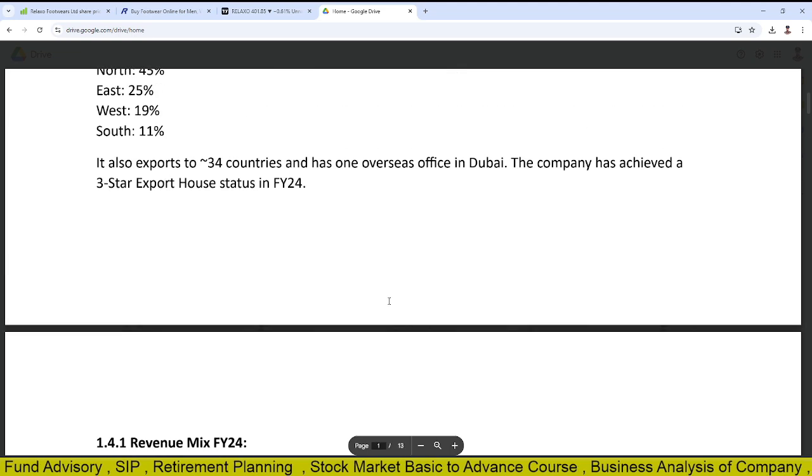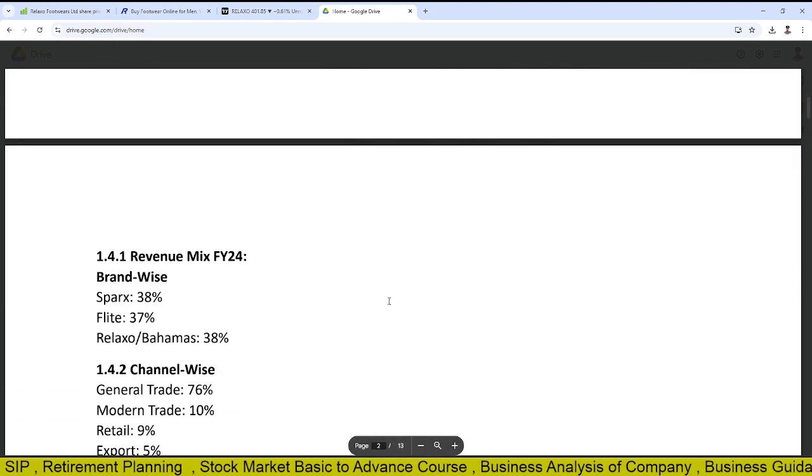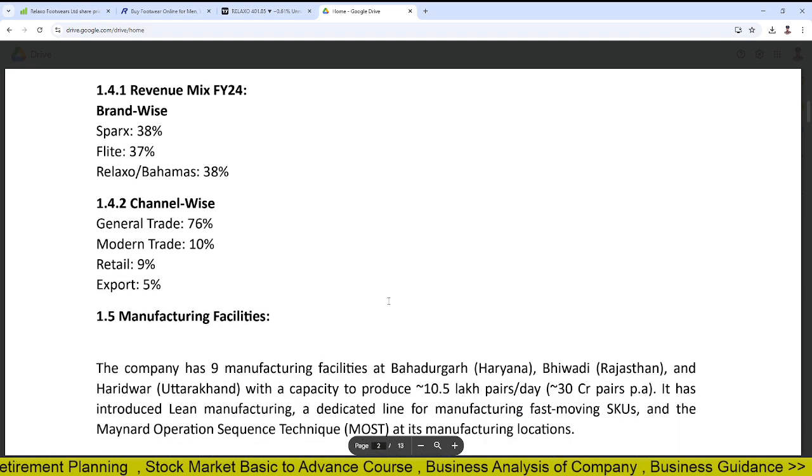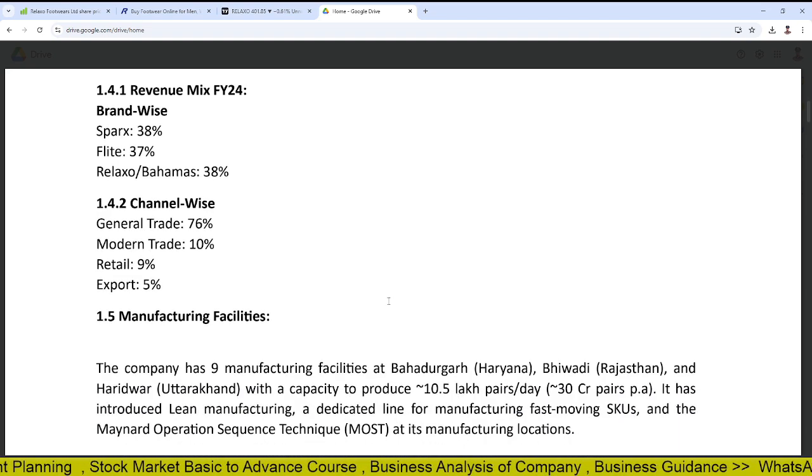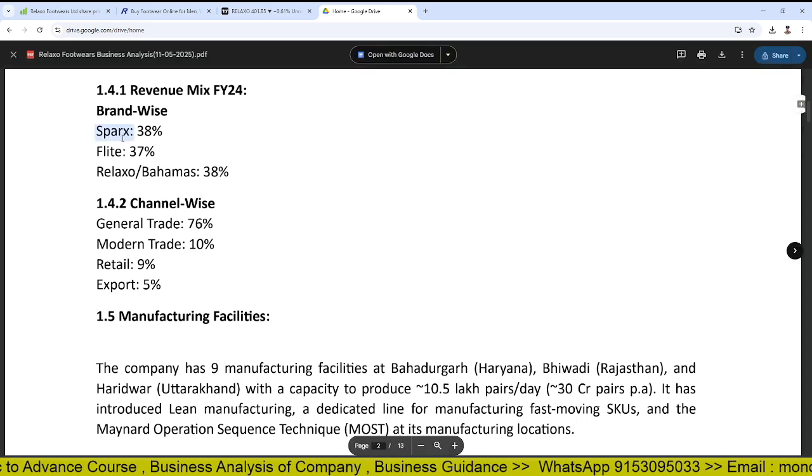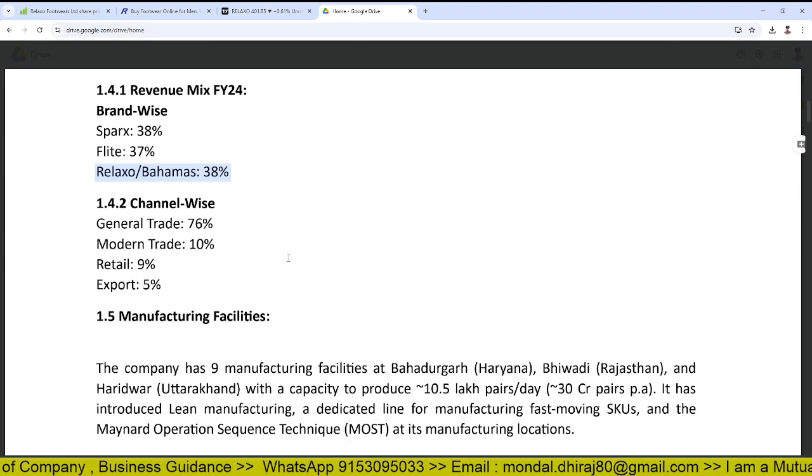So this was all about the geographical revenue bifurcation. If I talk about the FY24 revenue mix brand-wise, 38% of revenue comes from the brand Sparks, 37% from Flite and 38% from Relaxo or Bahamas.